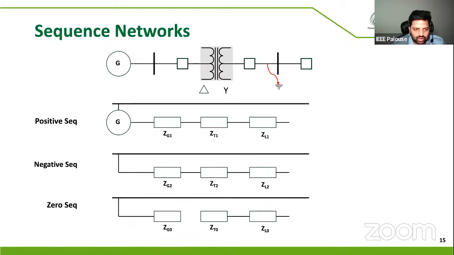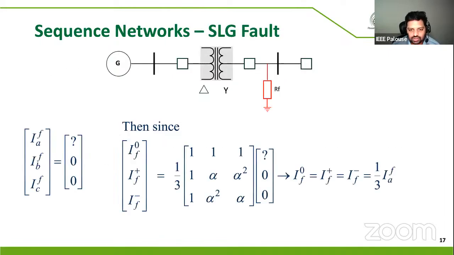When you are trying to calculate your fault current, your point of interest would always be the fault location. So all you have to do is create an equivalent network, a Thevenin equivalent of the entire network, looking from your fault location. When you do that, you will have an equivalent circuit for your analysis.